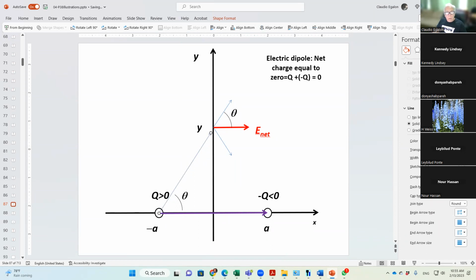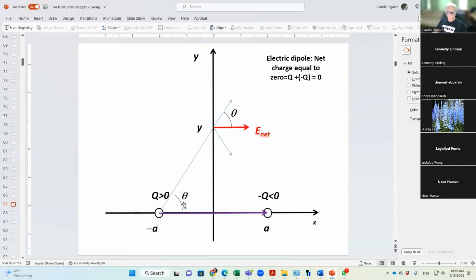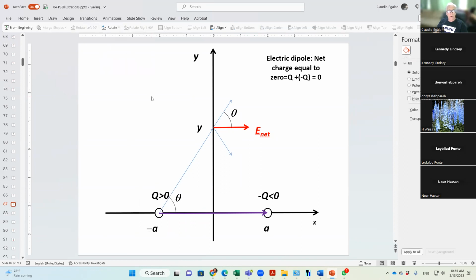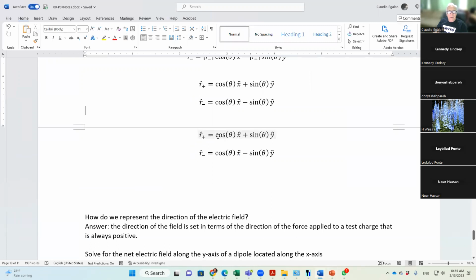So the cosine of theta now can be a divided by this value here. Make sense? It's all geometry. Now here you go. A divided by r plus. But r plus is what?